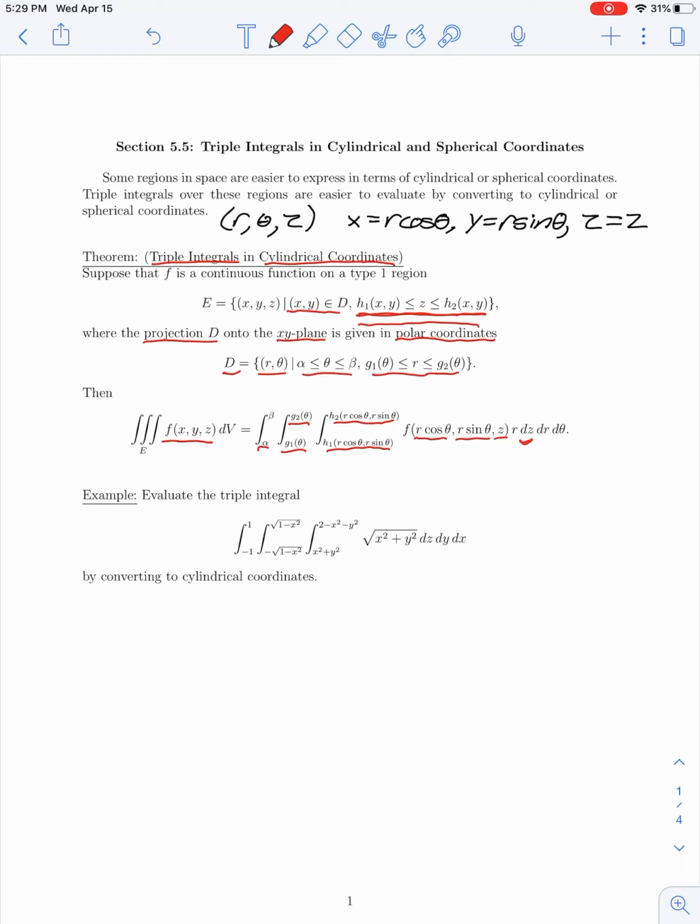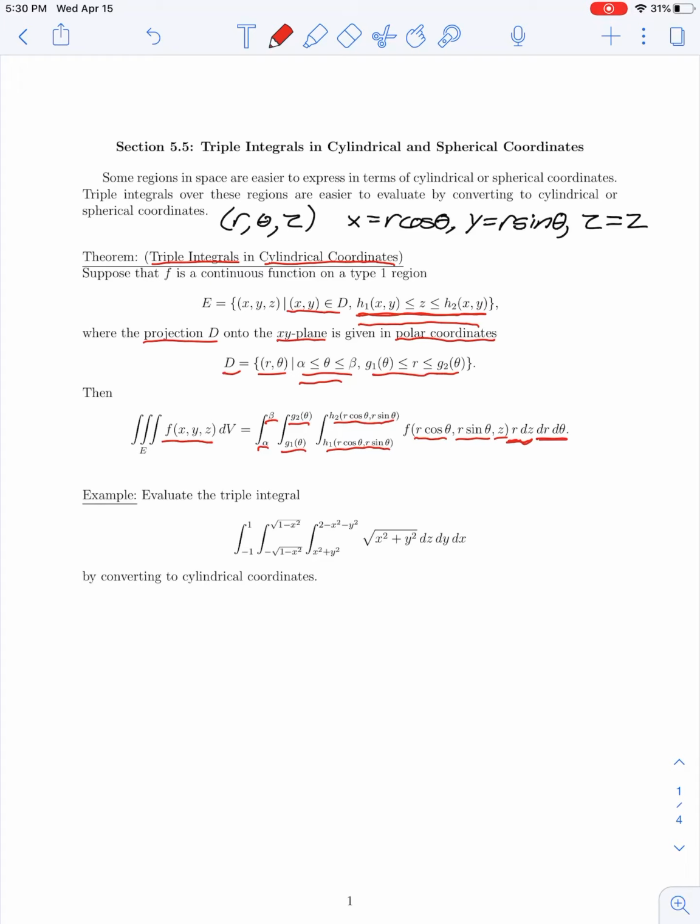And then with respect to theta, where theta was ranging from alpha to beta. And then the differential of area for that outer double integral, remember in polar coordinates, is given by r dr d theta. So here we pick up an extra factor of r from that outer double integral in terms of polar coordinates, the same way that we saw that in our earlier section.